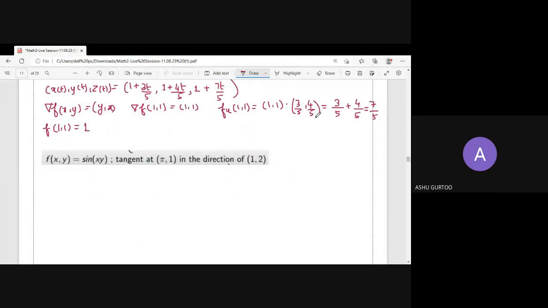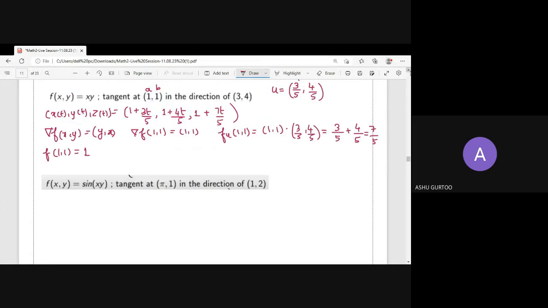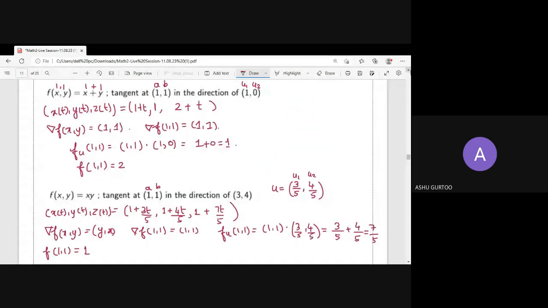Ma'am, one second, ma'am. Can you go up, please? But in this equation for the tangent, this has three coordinates, right? Yes, this has x, y, z, all three. But our function was defined in R2, right?